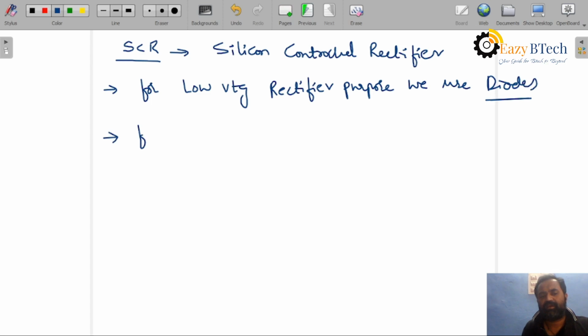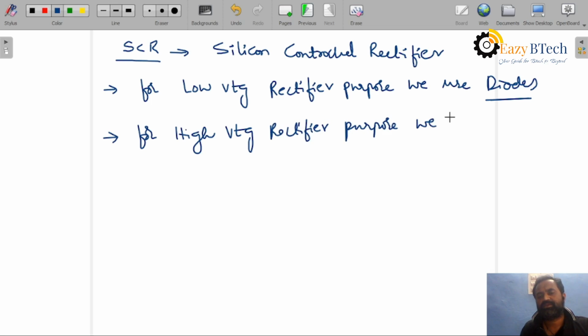For high voltage rectification purposes, we use SCRs, silicon controlled rectifiers. Now, what is a rectifier? You know what a rectifier is?